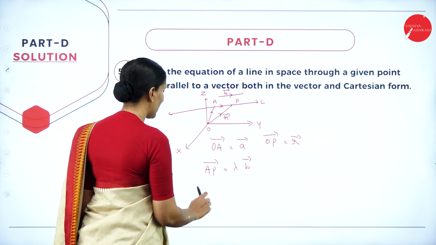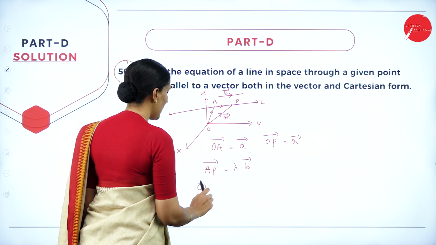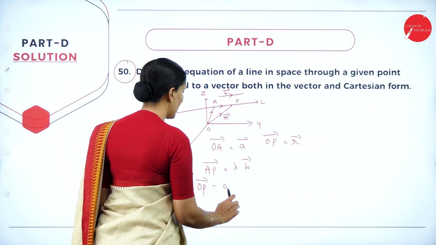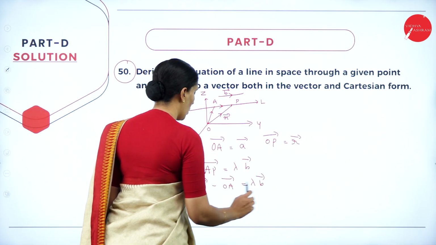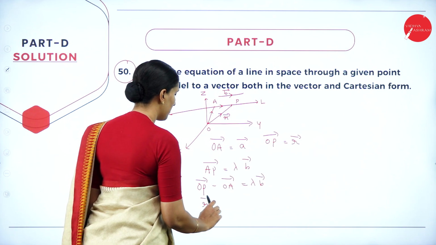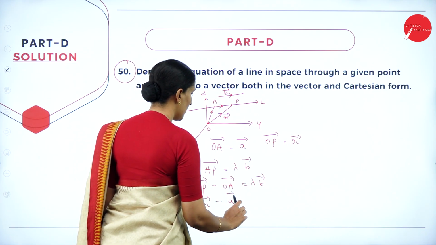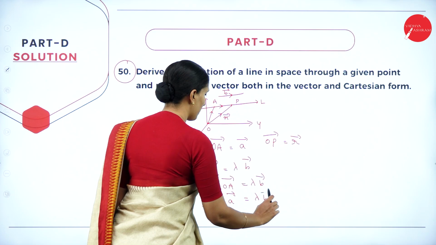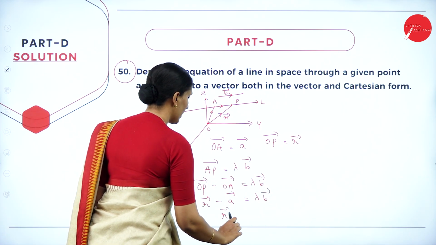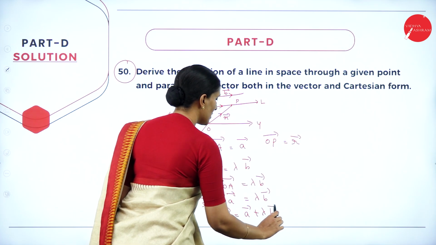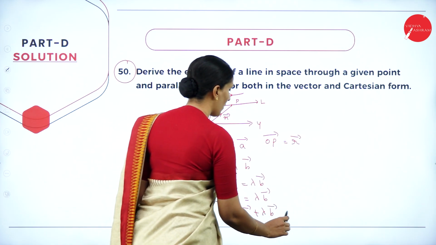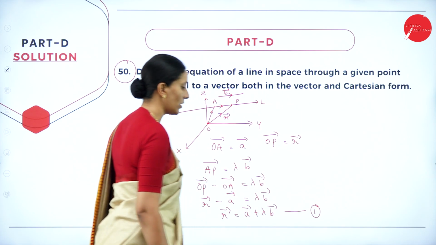Using the position vector, vector AP can be written as OP minus OA is equal to lambda B. OP is nothing but R, so R minus A is equal to lambda B. Hence, vector R is equal to vector A plus lambda B. So this is the vector form of an equation of line. Let me consider this as equation 1.